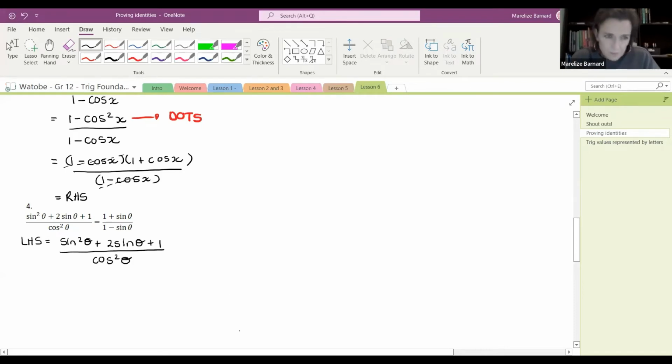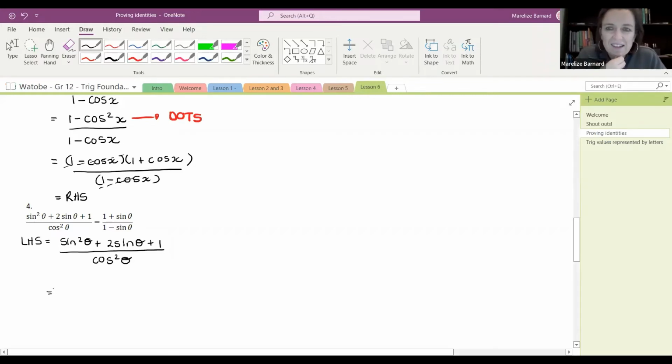Okay, how about this one? Does anyone have any ideas here for this one? Put it in the chat or raise your hand. Who's got a hand up? Ukukhle, you can unmute and tell me your ideas.